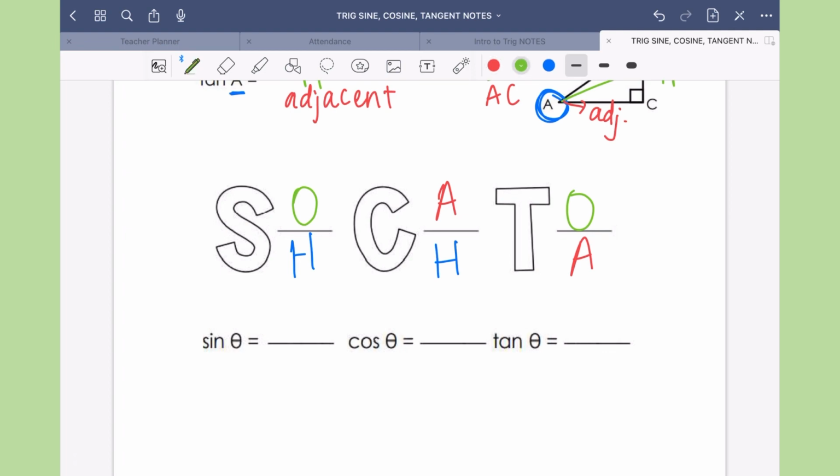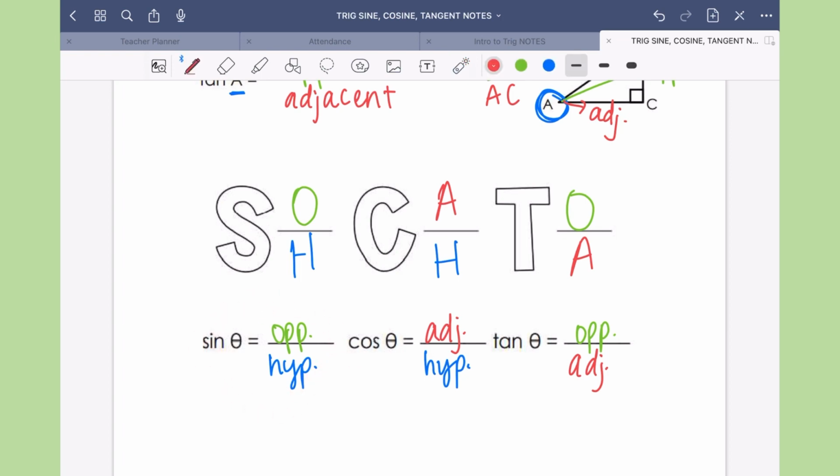Again, sine is opposite over hypotenuse, cosine is adjacent over hypotenuse, and tangent is opposite over adjacent. See how it matches SOHCAHTOA? It helps me remember the ratio, the fraction.